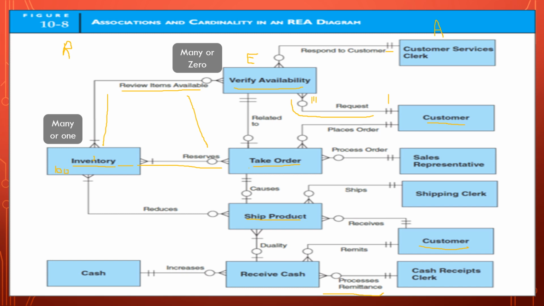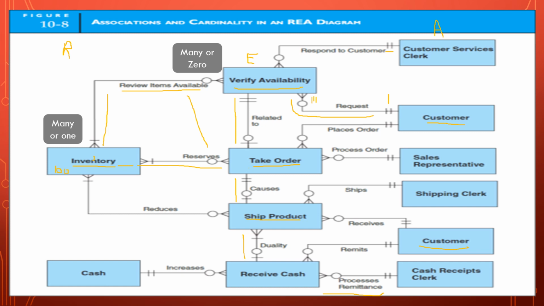But let's say the duality cardinalities, which is quite not the same. If you see here, it's not the same. This one is not the same between these two. These two, taking orders and verify availability, are supporting events.